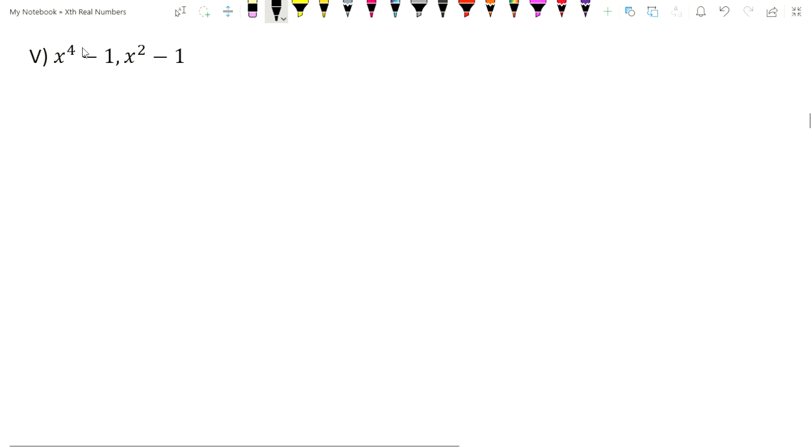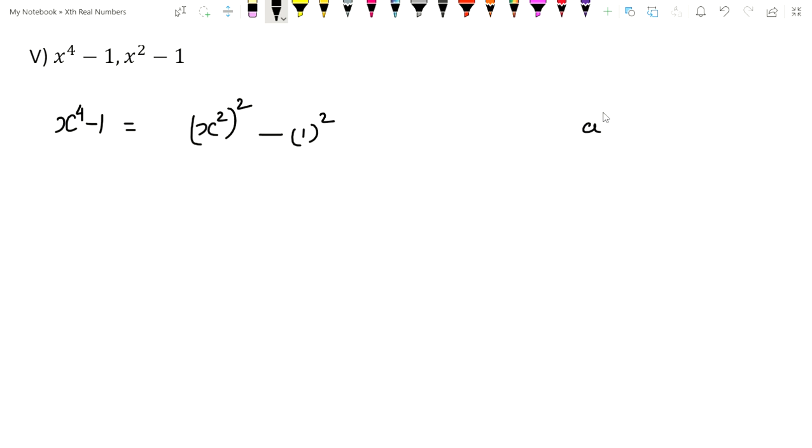See here, x power 4 minus 1, comma, x square minus 1. First take x power 4 minus 1. This one, x square the whole square, written like this. x square the whole square, what will you get, children? x power 4 minus 1 the whole square. Because I am going to use the identity, I did it like this: a square minus b square equals a plus b into a minus b. Here a equals x square, b equals 1.